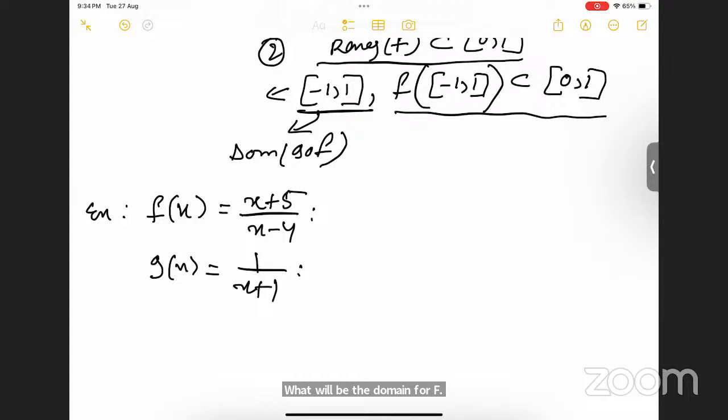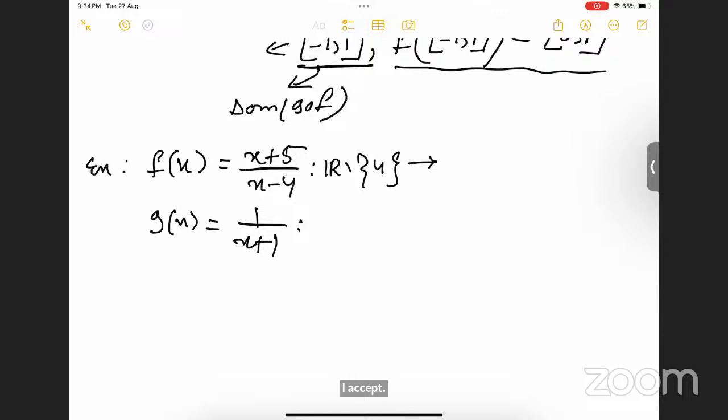All real numbers except 4. And what will be the range? Range is all real numbers, except 1.